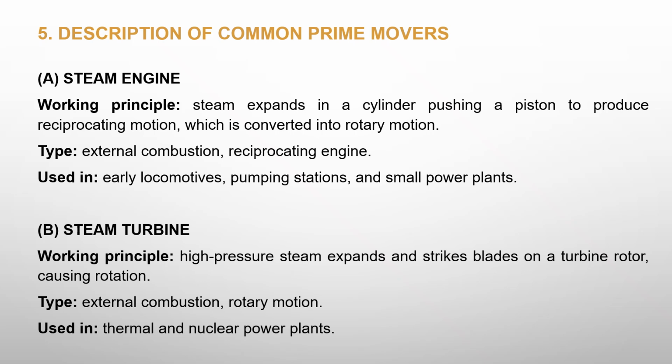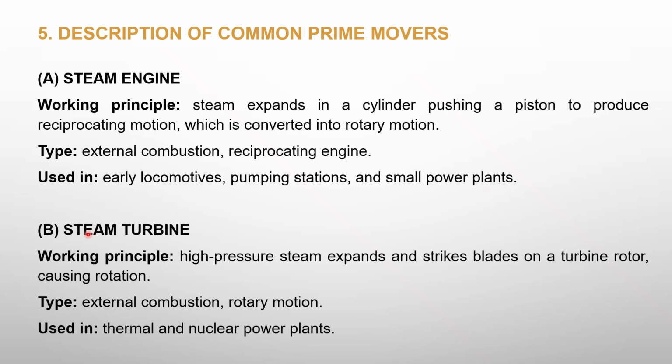Now again we can see in the next few slides the description of the common prime movers is given. First is a steam engine. Now it is obsolete, never used, but in earlier days it was used in the locomotive, in the pumping station, in the small power plant. Here the fuel is supplied externally, the heat is generated, heat is used to increase the temperature of water, water is converted into steam, and with the use of the steam these devices were working.